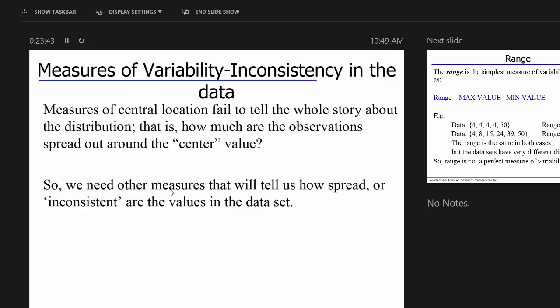Where is your mean? We also have to say how variable the points are around that mean, and that is called measures of variability. Variability is inconsistency. High variability means high inconsistency, and low variability means more consistency, with data located closer together.